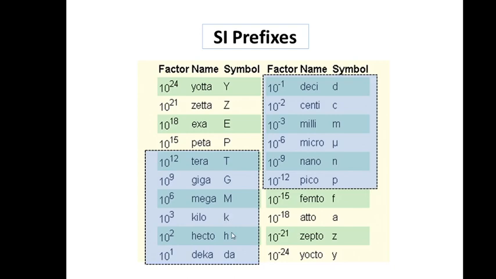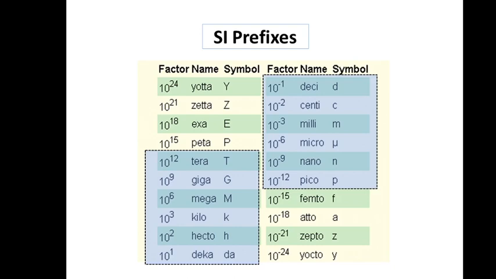Particularly in the left-hand side box, from k to T: kilo 10 power 3, mega 10 power 6, giga 10 power 9, tera 10 power 12. The generally used symbols are small k, capital M, and capital G for giga. On the right side of the box, we generally use decimals, so only small values can be observed here. The capitals go up to T: mega, giga and tera.